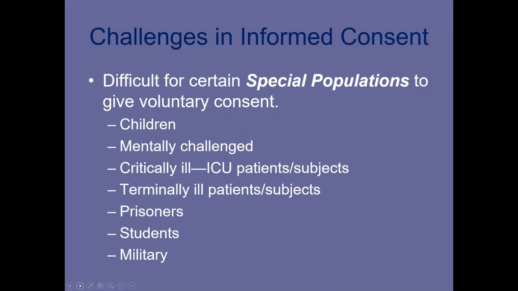Prisoners are vulnerable because of the corrections officer relationship with the prisoner. Clearly, the corrections officer holds the upper hand. Likewise with students, the faculty member holds the upper hand. In the military, you have your rank and file: your officers and non-commissioned officers, and then your privates and corporals.